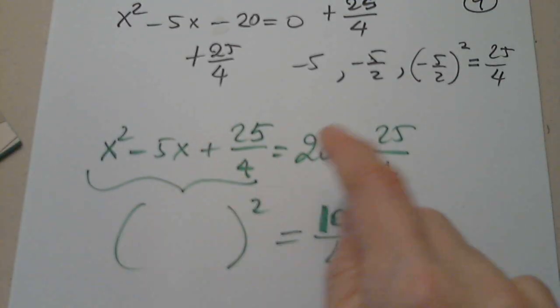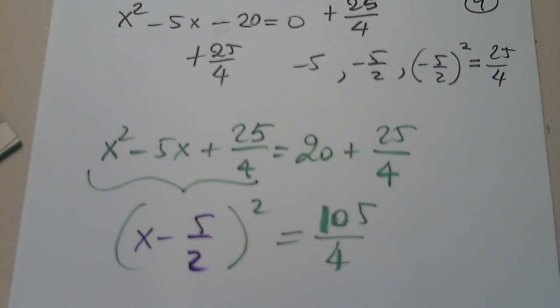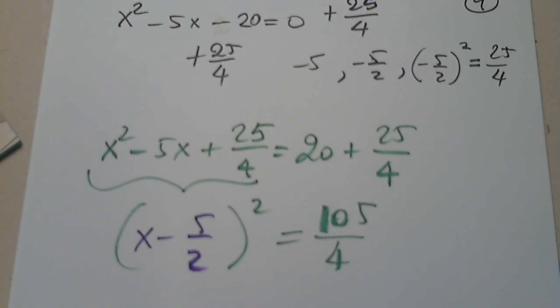So it must be x minus this number, x minus 5/2. So even if the middle coefficient is not divisible by 2, it's okay. Not a problem. Can I continue?